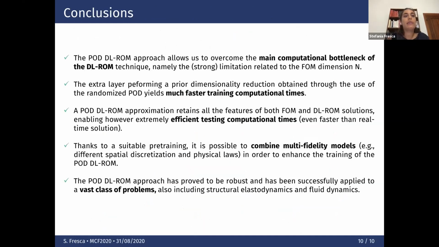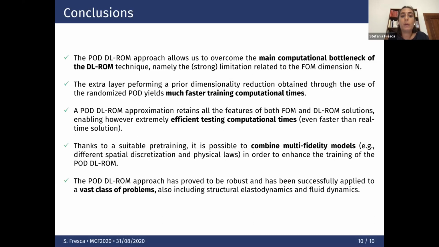So concluding, the POD-DL-ROM approach allows us to overcome the main computational bottleneck of the DL-ROM technique, which is related to the long training times when the FOM dimension is large. But the POD-DL-ROM technique also inherits all the features of the DL-ROM technique, which is able to achieve a very efficient testing time, even faster than real-time solutions.